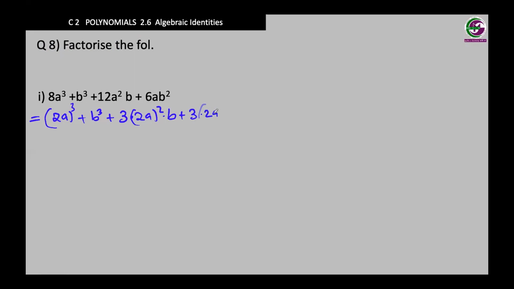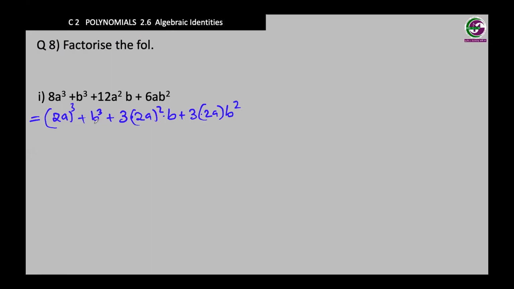Moving on to question 8. It is to factorize the number. First of all, you need to see the identity. This identity can be rewritten as 2a power 3 plus b power 3 plus 3 times first square of the first term times the second plus 3 times first term times the square of the second term.